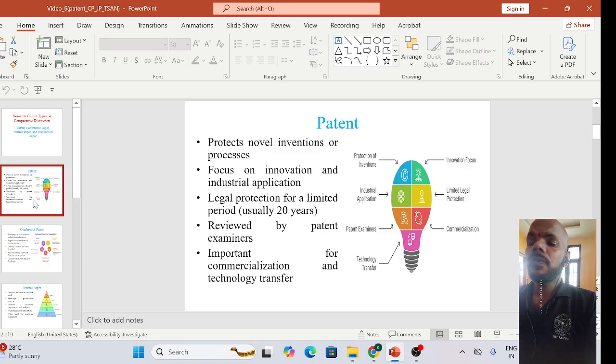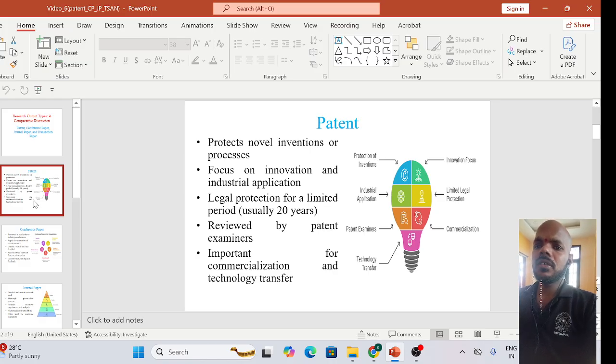For example, you find another way, a solar panel, but till now no one has invented such a kind of invention. In that case you can file a patent about your idea. This is a novel idea, a novel innovation, so you can file a patent in a patent office.